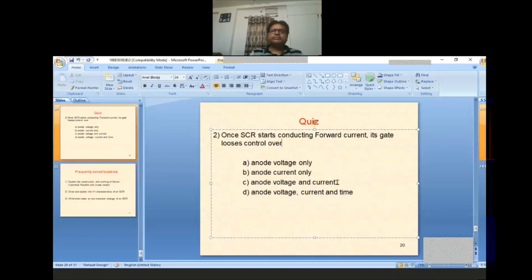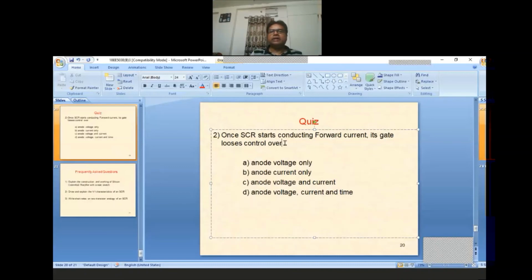Strictly speaking, these things can be understood as it can control the rate of rise of the anode current, or the increase in anode current.